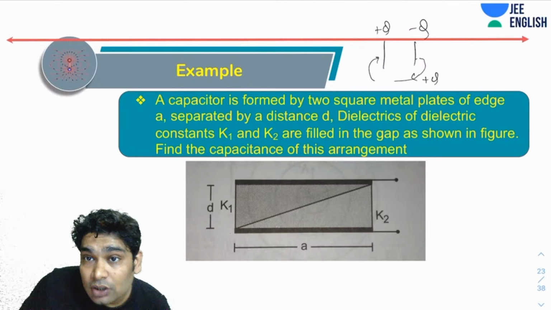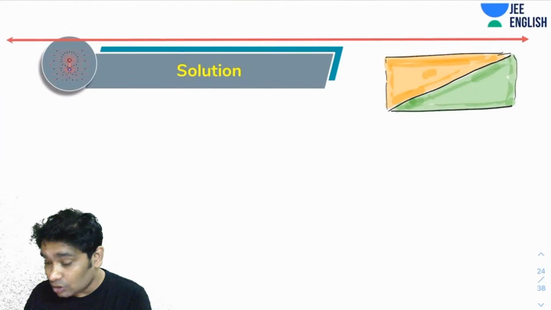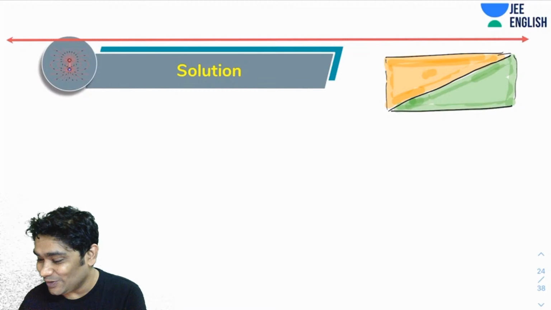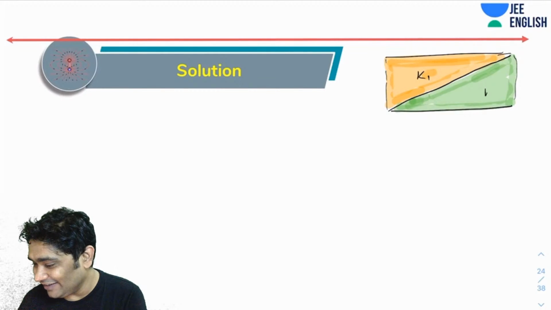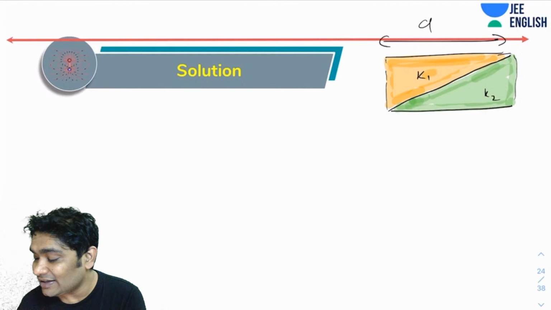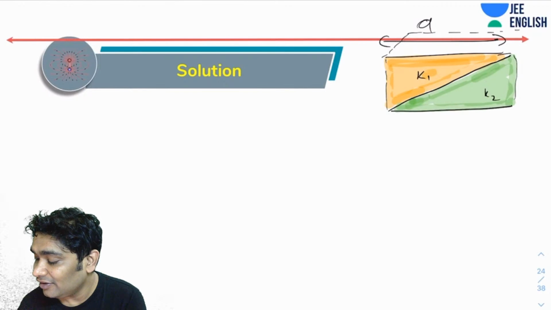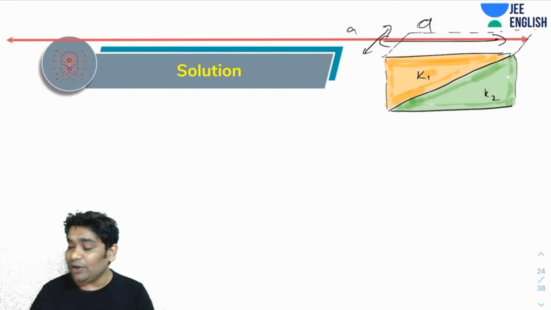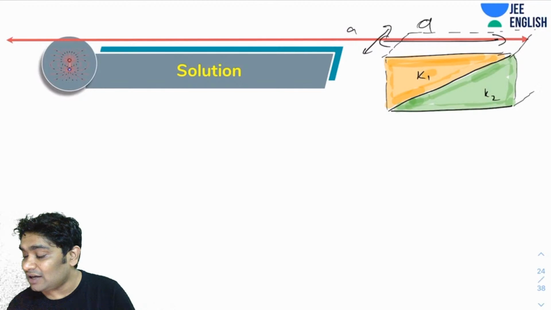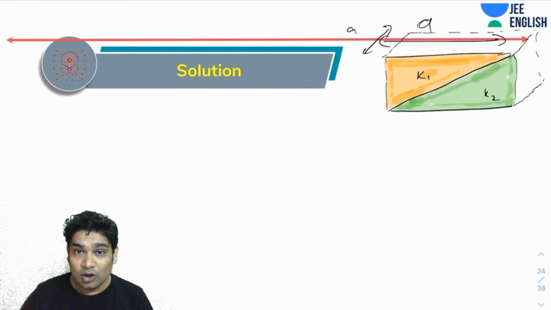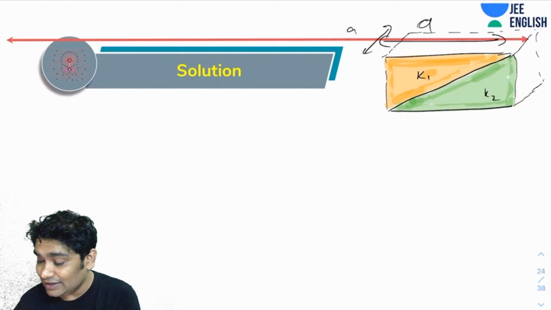So this is K1, this is K2, this is a square plate of A, and it would have another dimension like this, and that would also be A. So this is what your plates are looking like. The plates are squares of A by A each, and this distance is D.